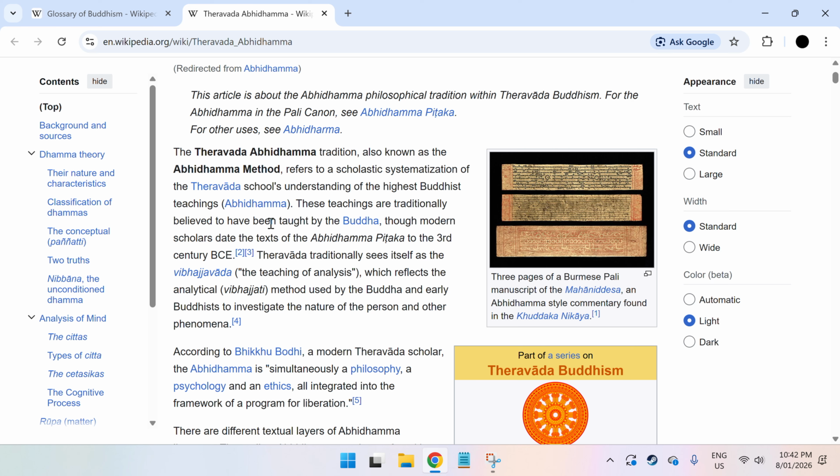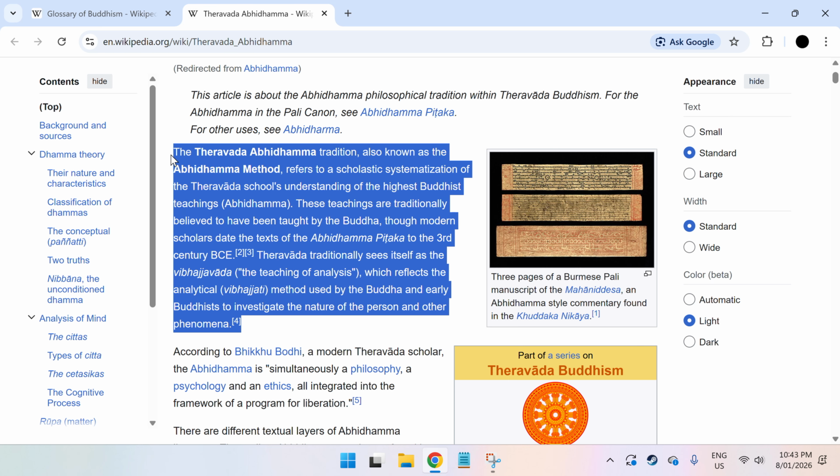Theravāda traditionally sees itself as the Vibhajavada, the teaching of analysis, which reflects the analytical Vibhajati method used by the Buddha and early Buddhists to investigate the nature of the person and other phenomena. So there's quite a lot there in that first paragraph.